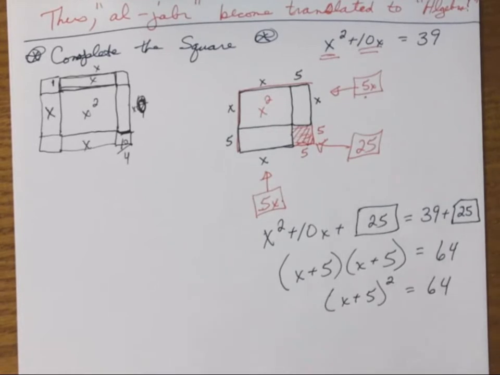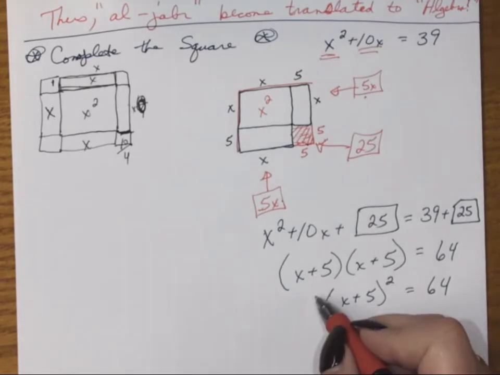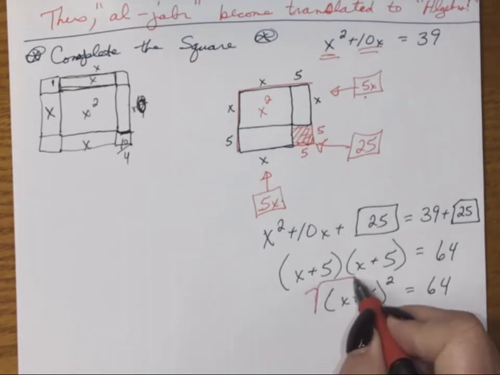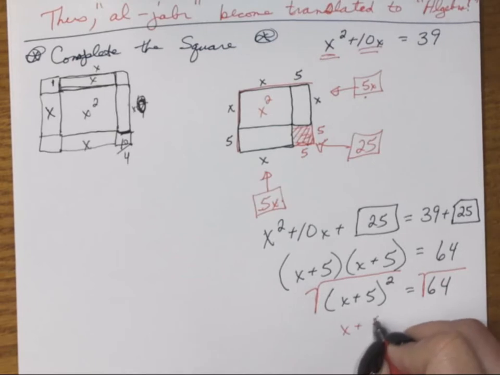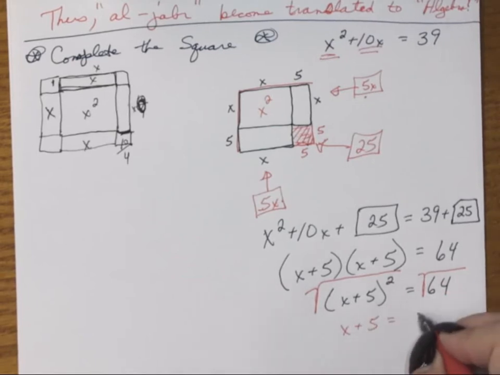To solve that, of course, I need to get rid of this square. The undoing operation for squaring, or the opposite operation, is square rooting. So I take the square root of 64, and I get x plus 5 equals, the square root of 64 is 8.